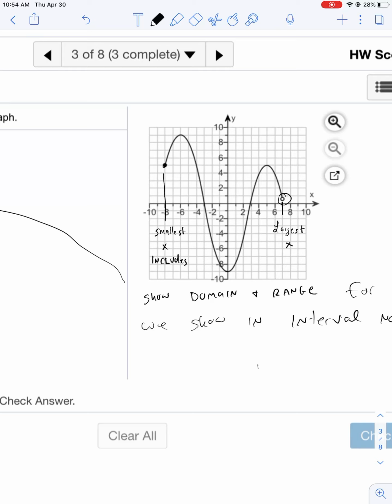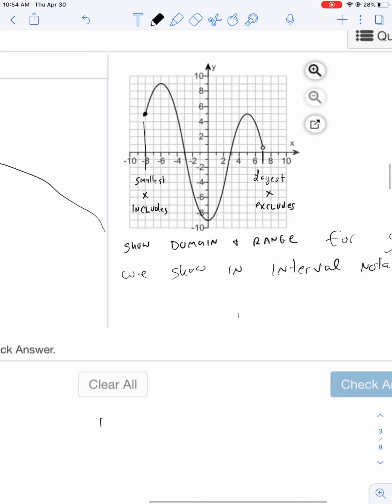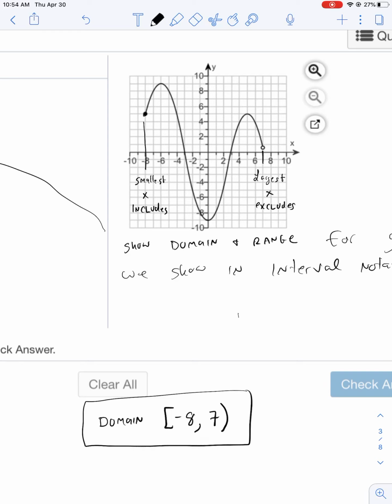Open circle over here means excludes. So this domain includes -8, so open bracket, -8, comma, it excludes 7. It does not include 7, so we put parentheses. So this is our domain.